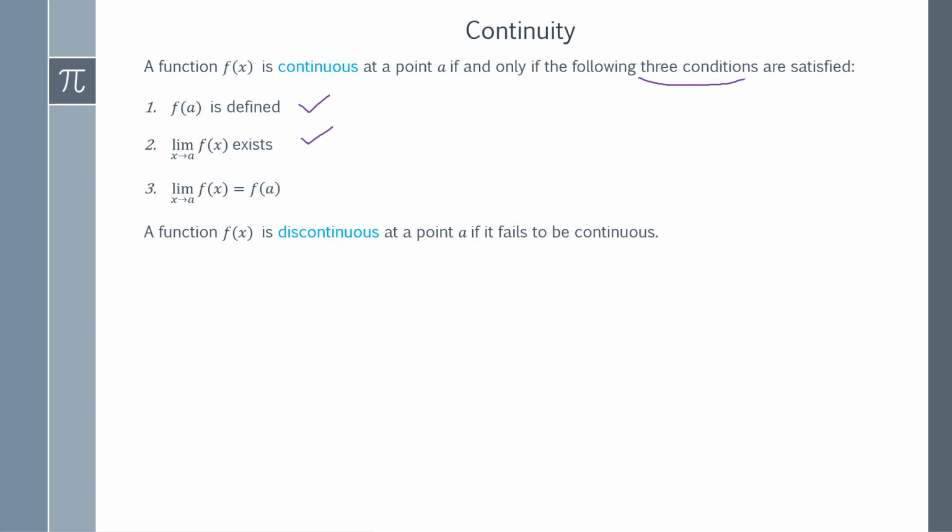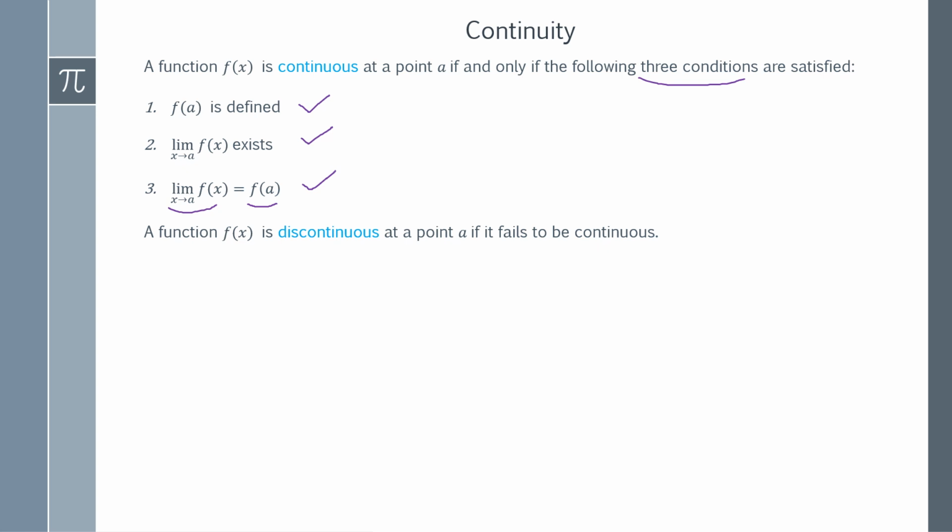In other words, we need to compute both left and right limit and make sure that they are equal. And then the last condition is that the limit is also equal to the value of this function at a. Okay, once these three conditions are satisfied, we can establish that our function is continuous at that point a.